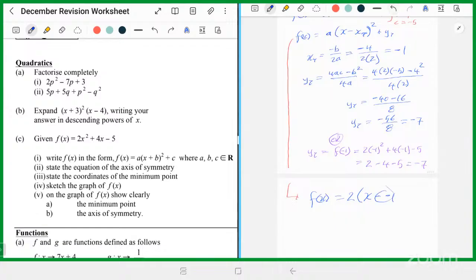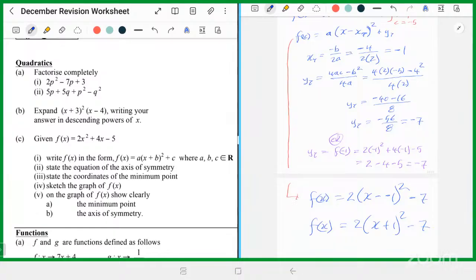This minus minus becomes a plus. Don't forget to put on the square, and the plus yt is negative 7. So if you simplify it, it is 2 into x plus 1 squared minus 7. That is your f of x right there. Are you okay with that?